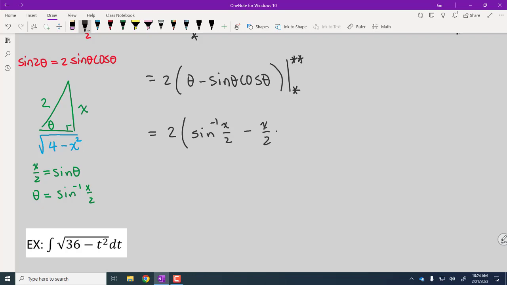Cosine of theta is adjacent over hypotenuse. And now we're back to our x limits. We got all the way back to x. In general, with trig sub, it's way smoother to go back to the original limits instead of trying to switch them to thetas.